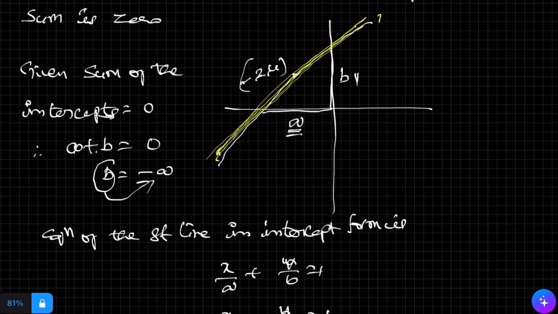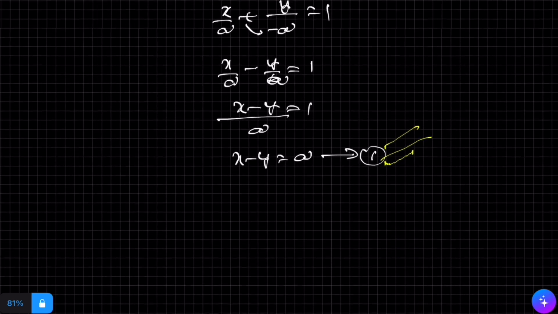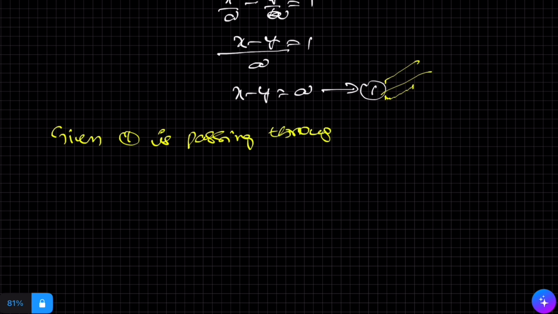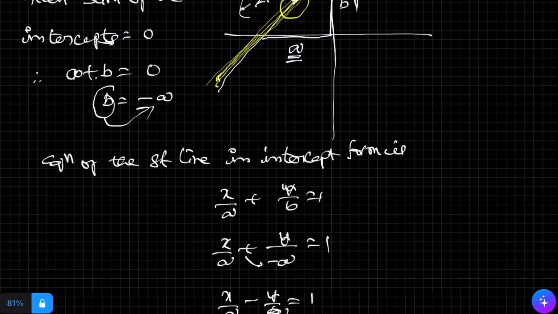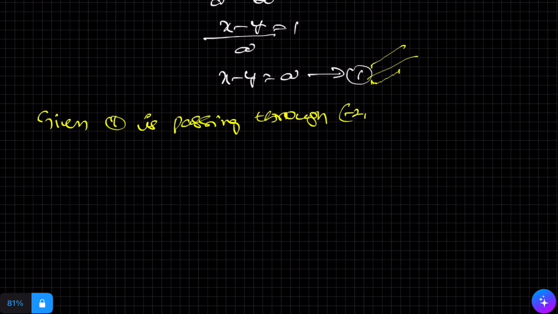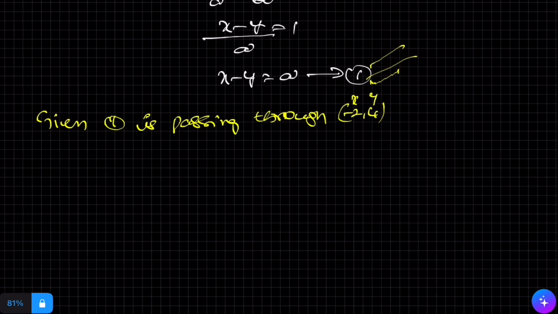Given that equation 1 is passing through the point (minus 2, 4), let me put these x and y values in the equation.